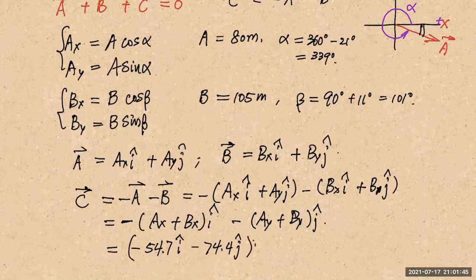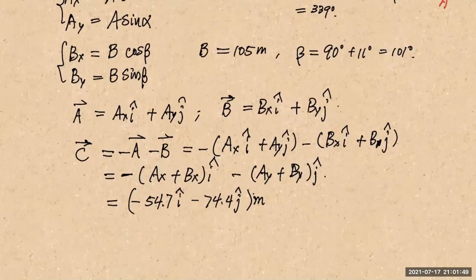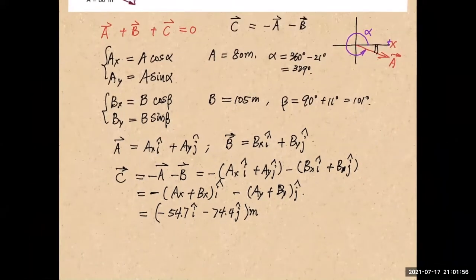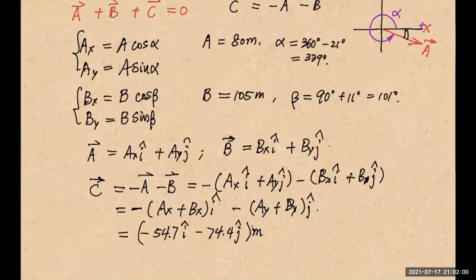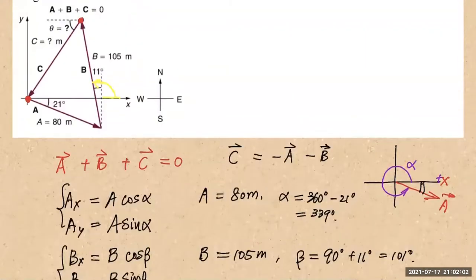Everything is in meters. Okay, don't forget the units. All right, so you can see, C has a negative X component and negative Y component, which means it should point into the third quadrant. And is that right? Well, look, C points this way, right? So it is in the third quadrant, okay?